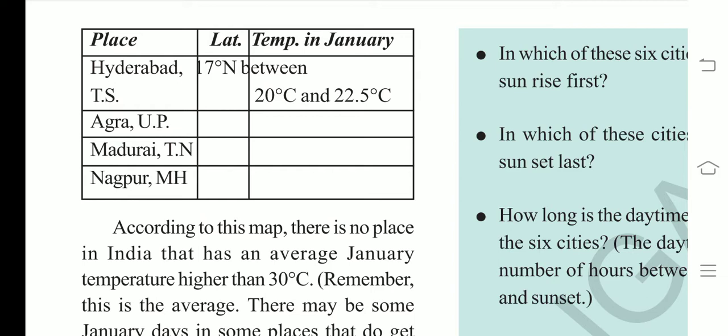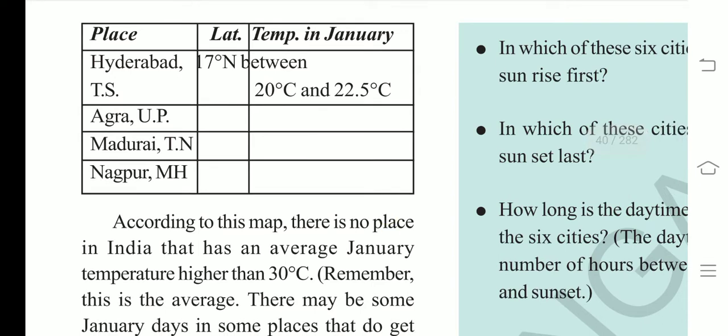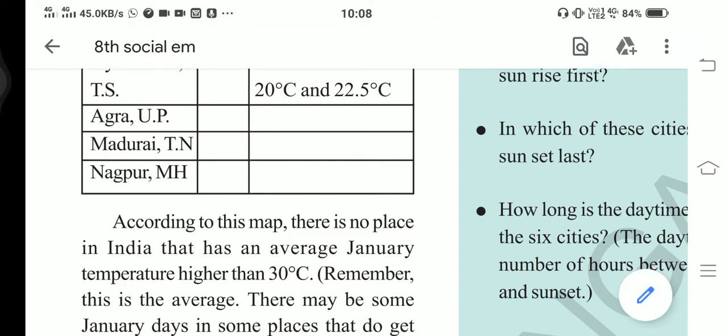Understand? So according to this map, there is no place in India that has an average temperature higher than 30 degrees centigrade. If you see this table, you have to fill it by taking the atlas. Dear students, after the class, you have to open the atlas, the India political map showing the temperature.